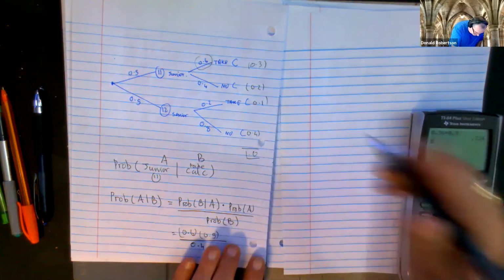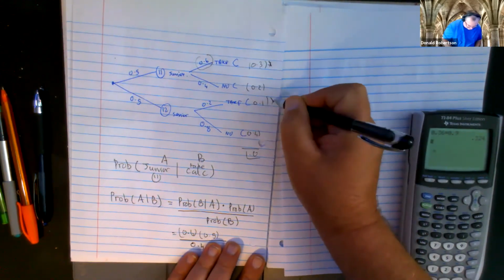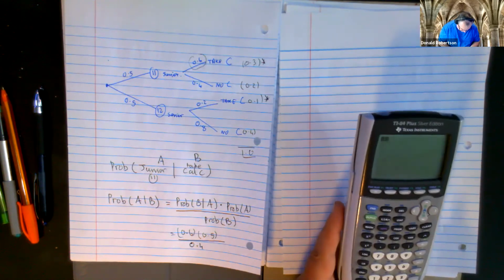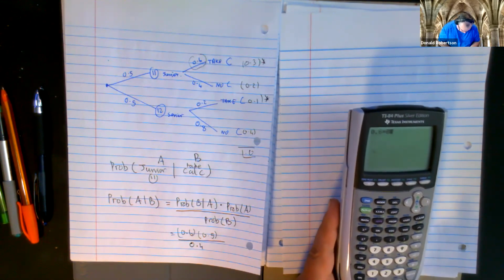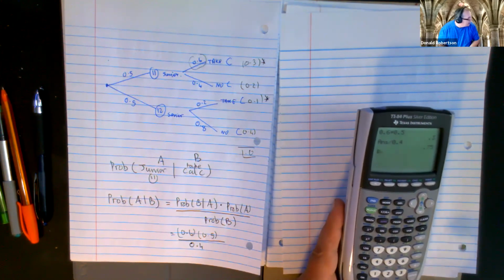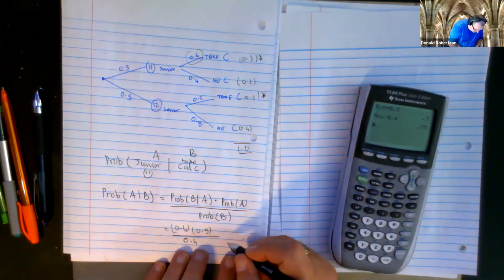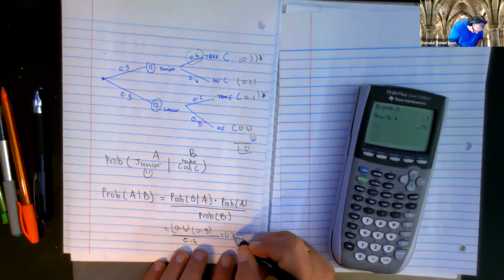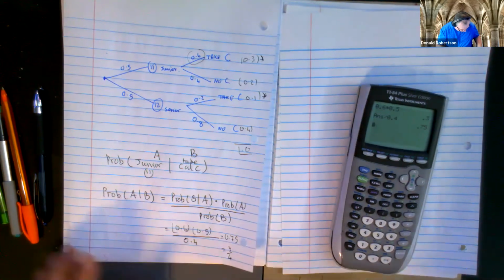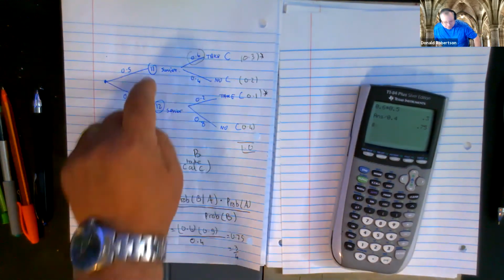Yes, because I added these two together. So I'm now going to do 0.6 times 0.5, which is that guy. I'm dividing it by 0.4, and I get the answer 0.75, which is fine, but the book has 3/4 because I think they use fractions.